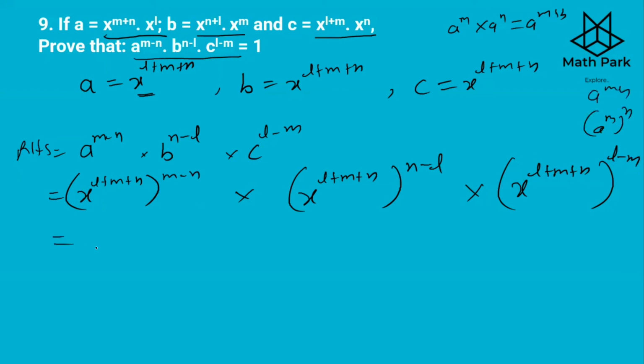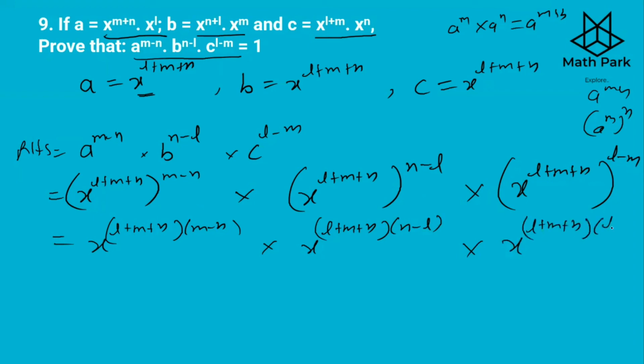So we write this as x raised to l plus m plus n multiplied by m minus n. Same way here we will be writing into x raised to l plus m plus n multiplied by n minus l, into x raised to again l plus m plus n multiplied by l minus m.